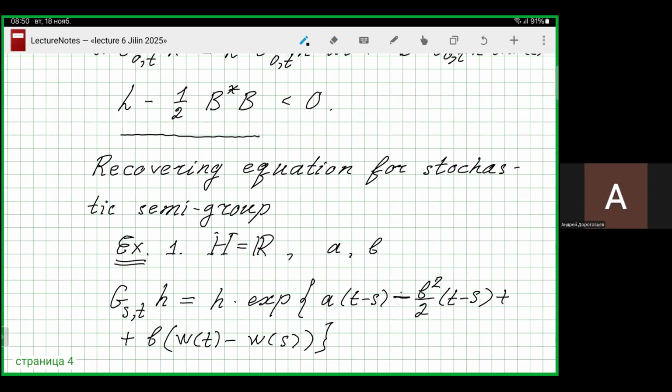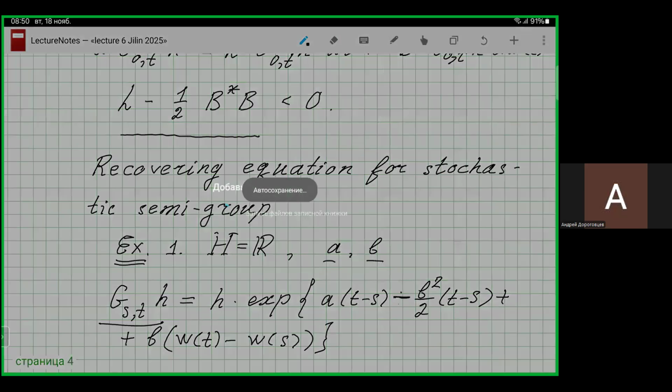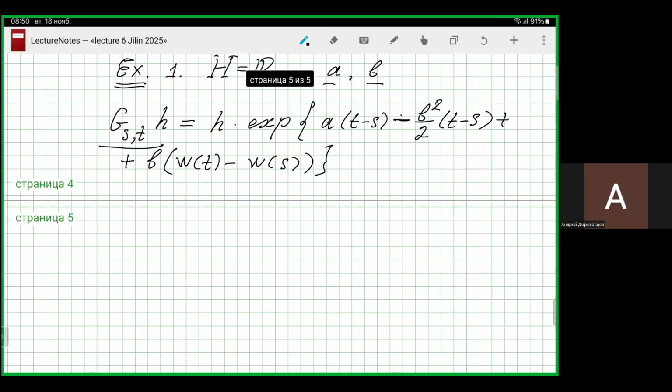Since this is the simplest example of a stochastic semigroup for us, we have just to understand how to recover from this expression how to find A, B, and W. Yes, because we need the equation with increments of W. First of all, to understand this, let us consider an even simpler case, the deterministic case.